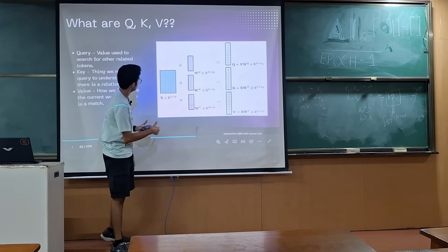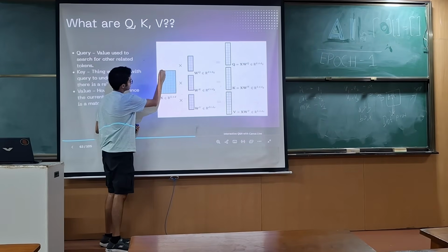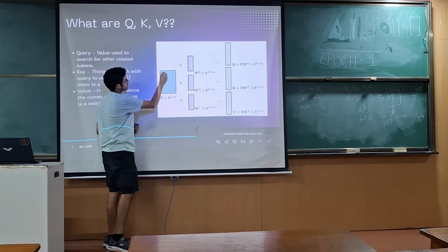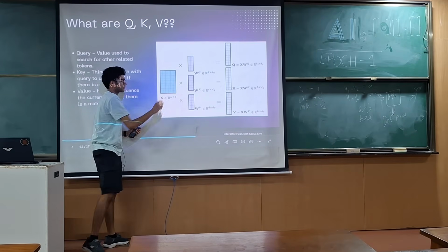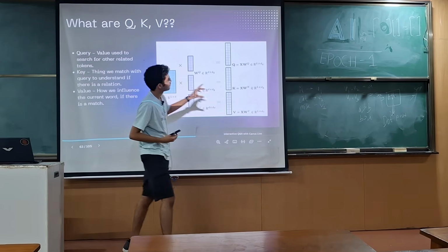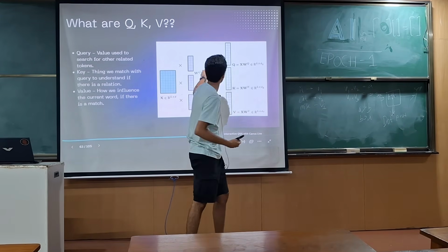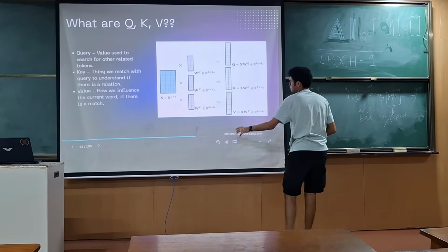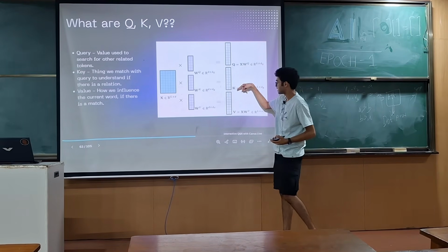By the way, this is the dimension size, and each row here is one word in a sentence: the cat, blank, the milk, like that. We take this vector, do that matrix multiplication, and we get three vectors. We call these vectors the query, key, and value.